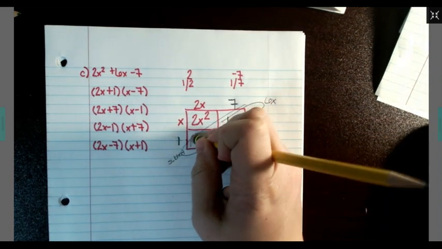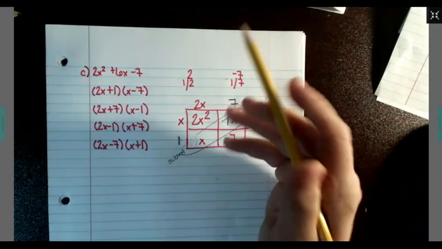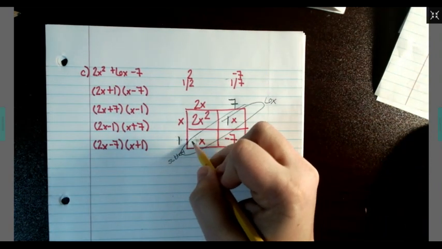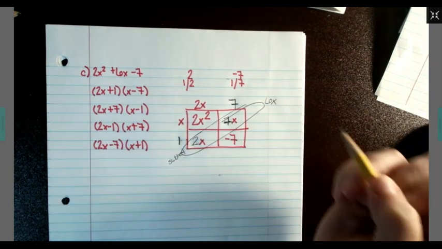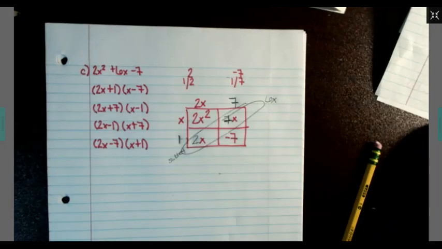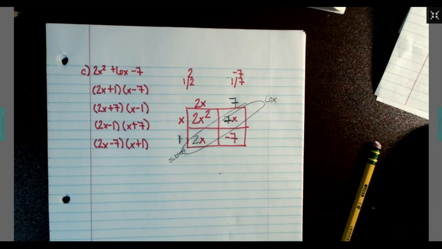This gives me 2 here, and this gives me 7. If I subtract those, will I get 6? No. So I've tried all the different combinations because there was only 1 and 7 and 1 and 2.